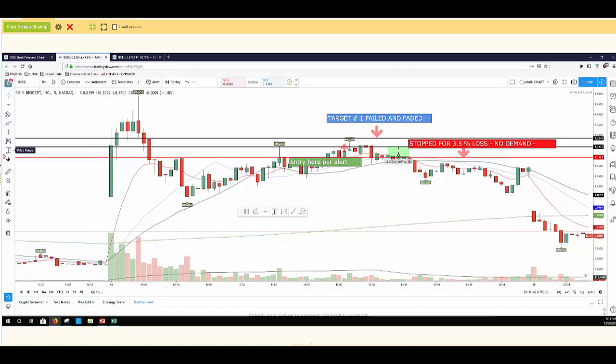If I didn't get stopped out, easy, nice, peaceful, already, before I entered the trade, I already knew how much I was going to risk. If I was holding that stock, I would have lost, just take a look at it, 40%.